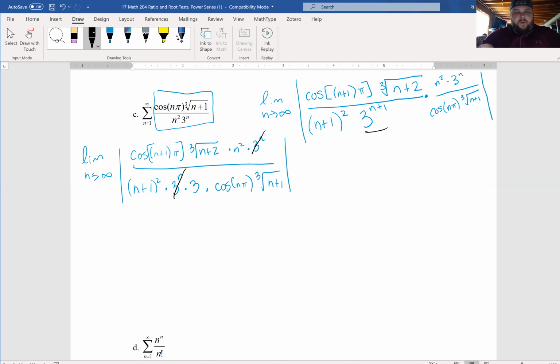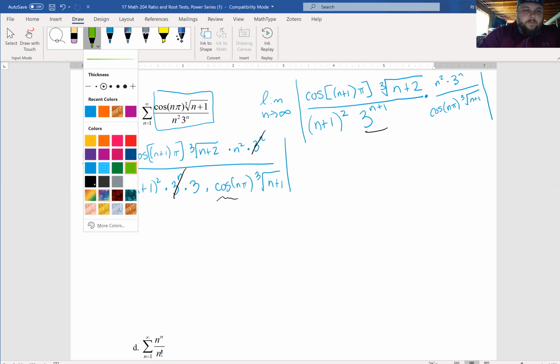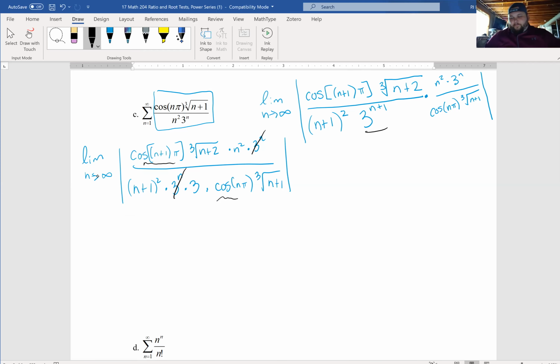What about the cosine n pi and the cosine n plus 1 pi? What do you think happens to those? Are they alternating?